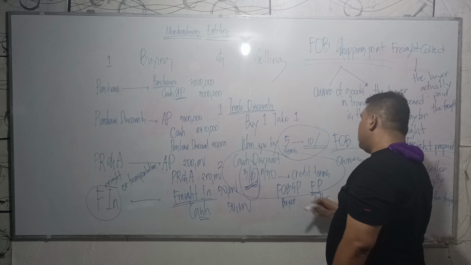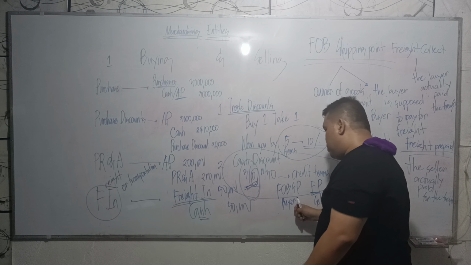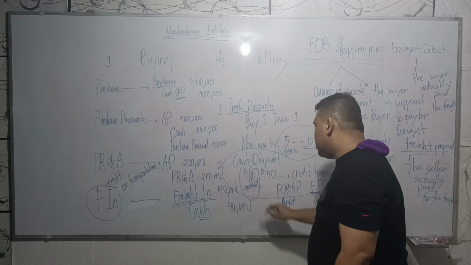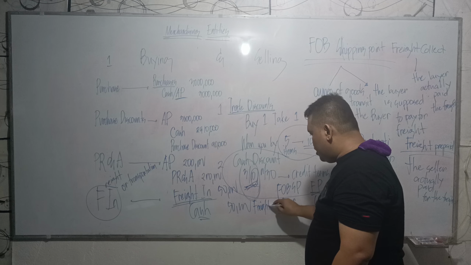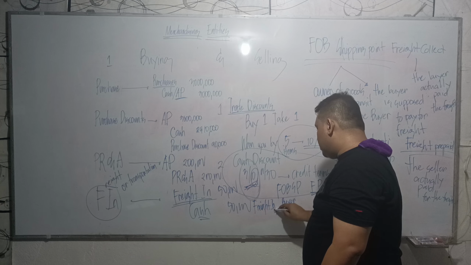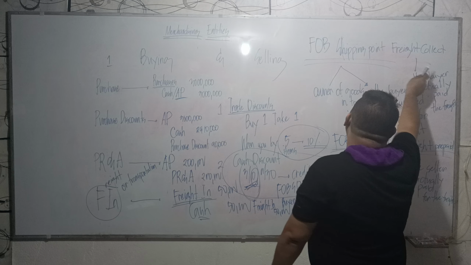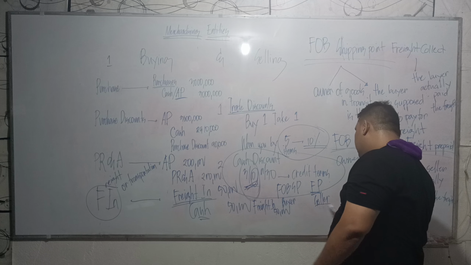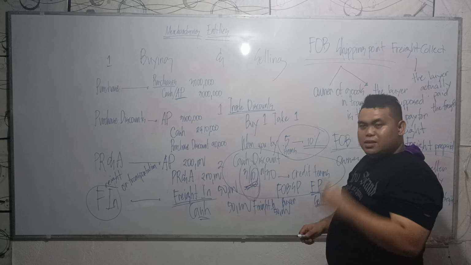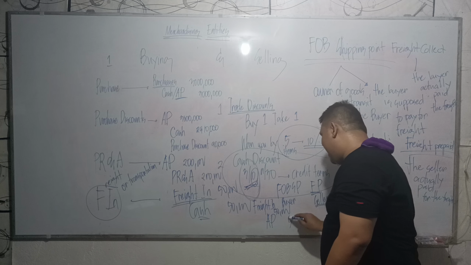So what will happen if it's like that? Since we are the ones obligated to pay for the freight, because we are the owners, we still recognize freight in 50,000. But then, we cannot credit cash because it's not freight collect. We are not the ones who paid for it. Instead, the seller did. So what will happen is your accounts payable will increase.